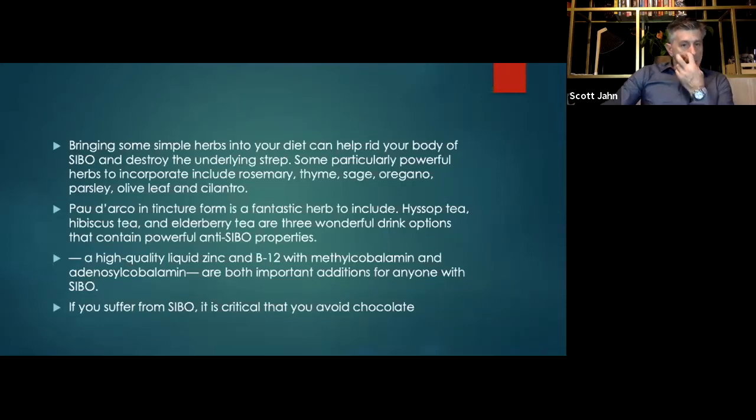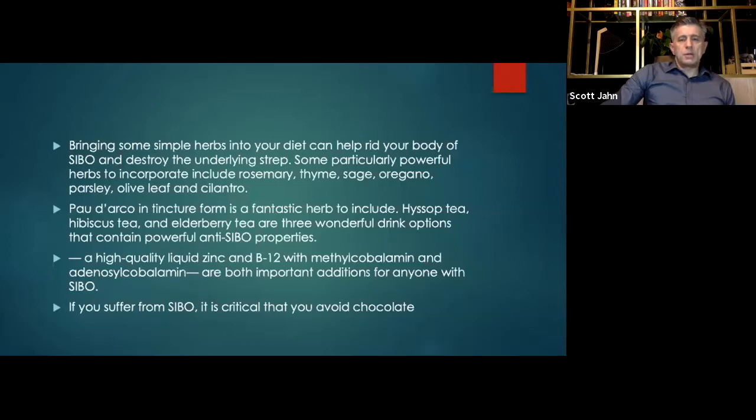And then we have some teas, right? Elderberry seems to be one of the better ones. It's a very powerful antibacterial and antiviral as well. Then we mentioned earlier in the lecture about zinc being very reparative and restorative for the GI tract, and then B12 as well.